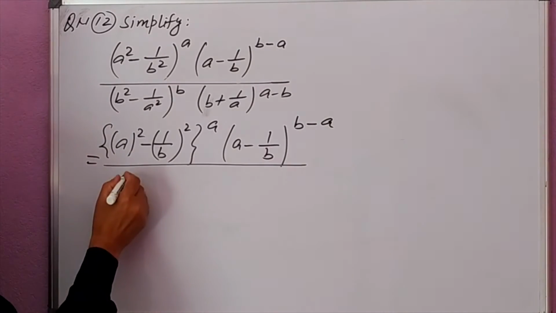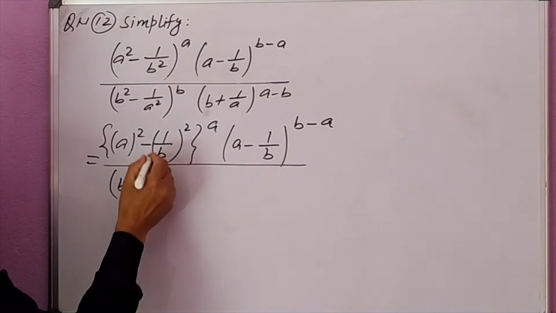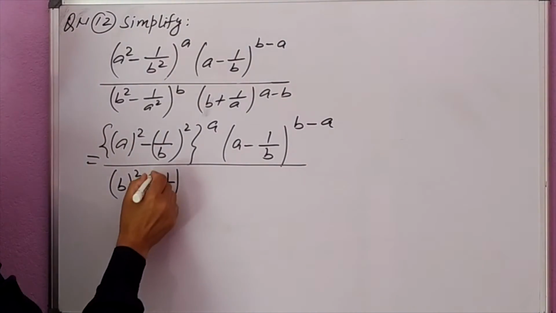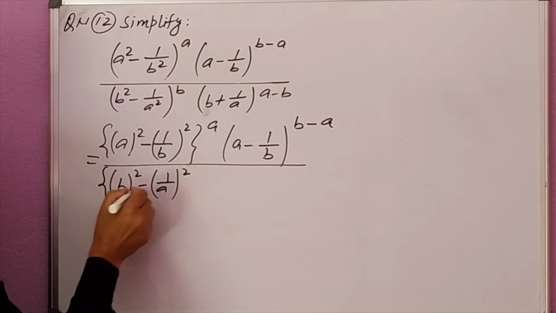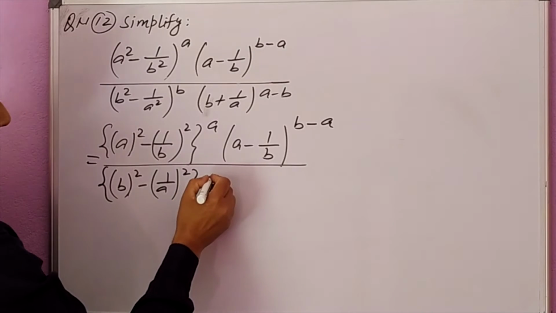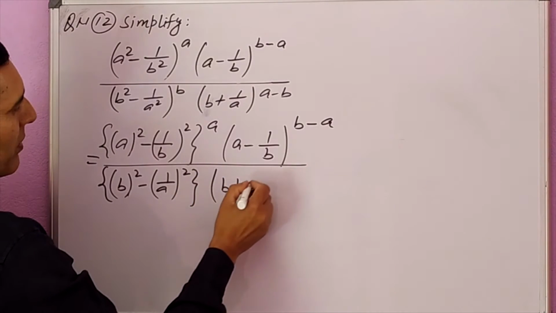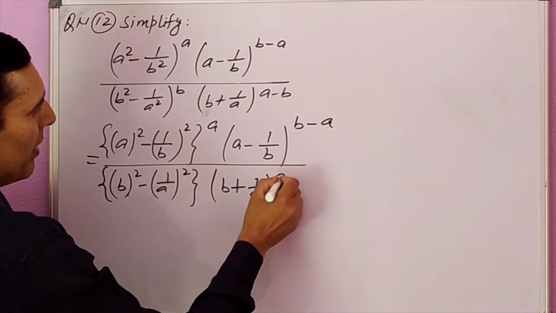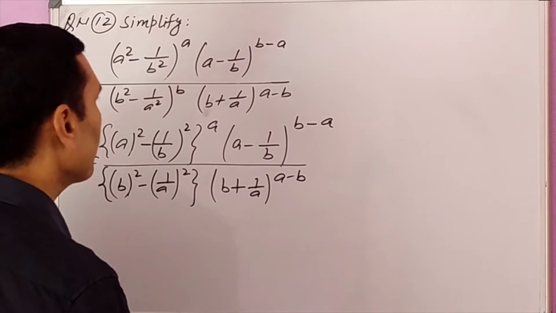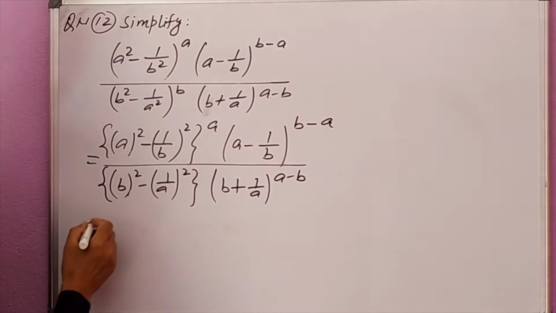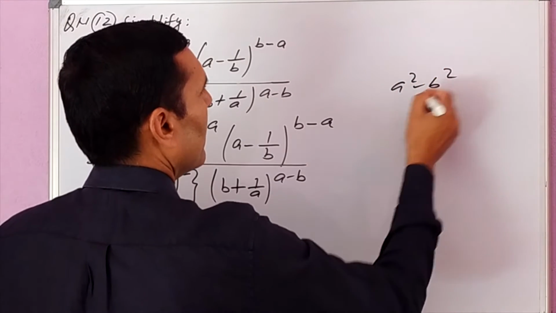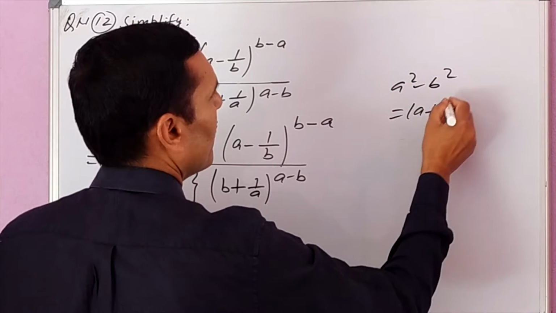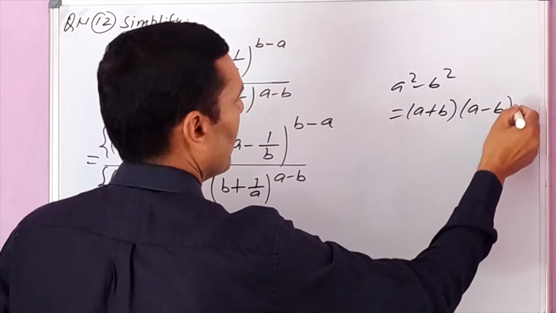Here also a square minus 1 upon a whole square, that is a square minus b square, and this b plus 1 upon a whole to the power a minus b as it is. Now a square minus b square is equal to a plus b times a minus b.